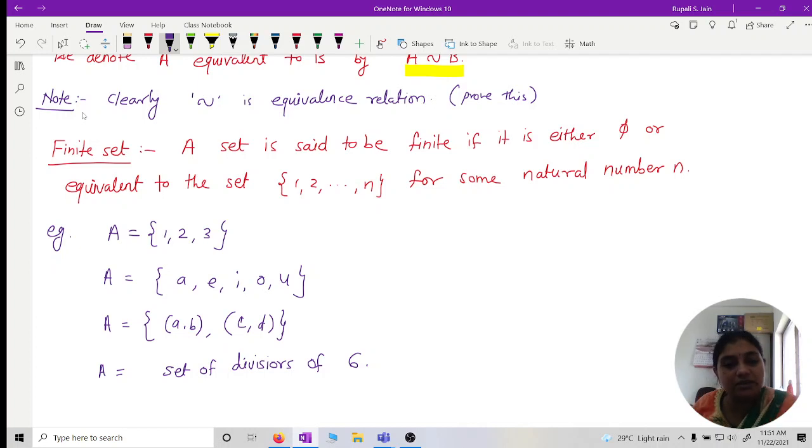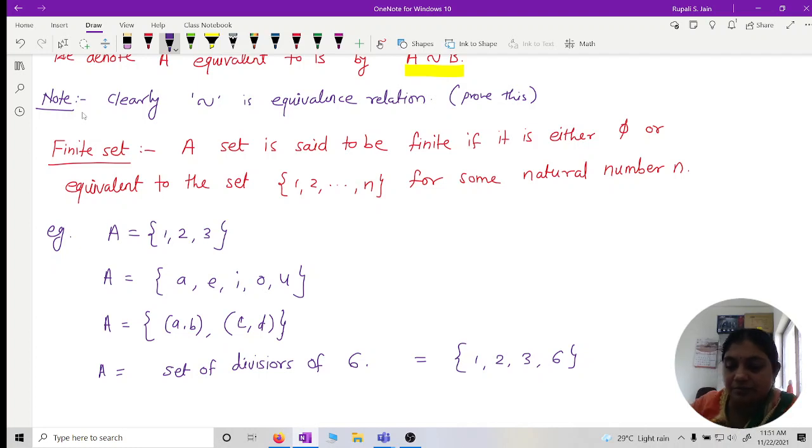So how many divisors are there for 6? 1, 2, 3 and 6. So this is equivalent to {1, 2, 3, 4}, right? So this is a finite set.